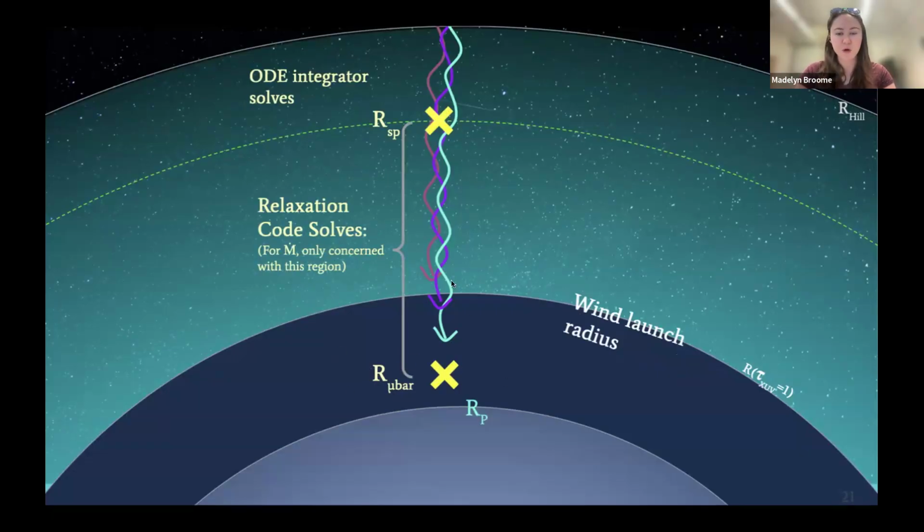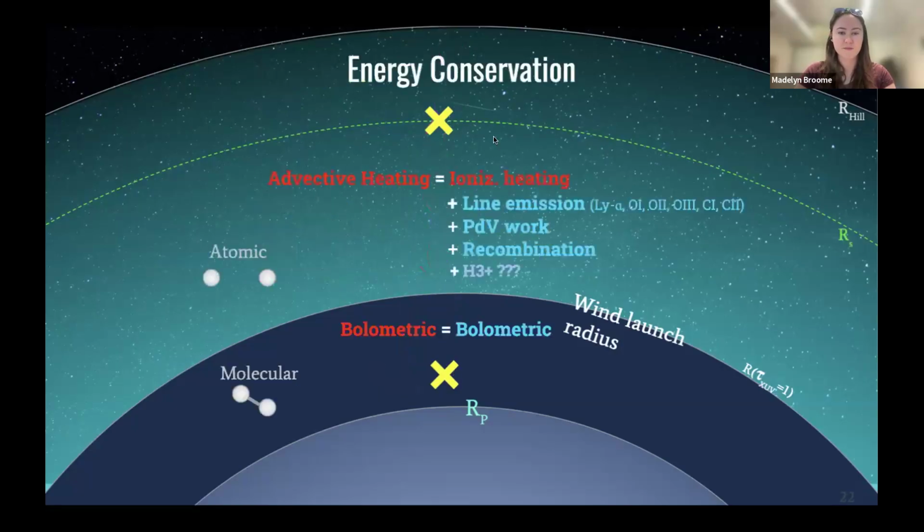So we capture all the absorbed radiation. At some point, this wind is going to launch. It's going to launch upwards at subsonic speeds until it hits the sonic point, and then it outflows at supersonic speeds, allowing us to use an ODE integrator to solve for the rest of that. But when we're calculating mass loss rate, we're really only concerned with this relaxation region here, so between the lower boundary condition and the sonic point.